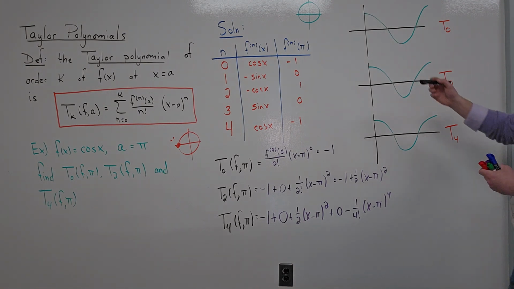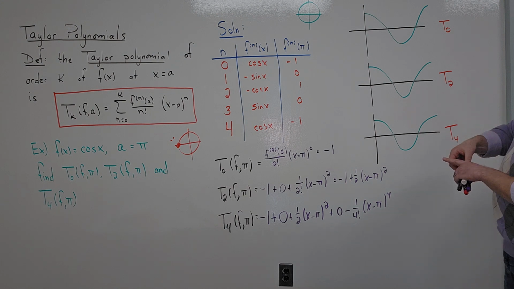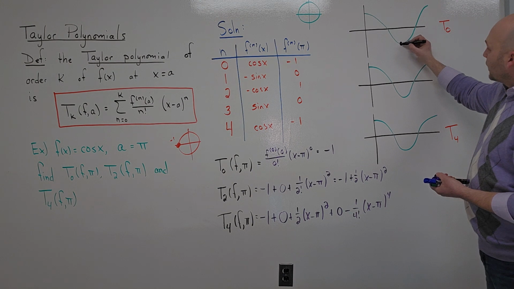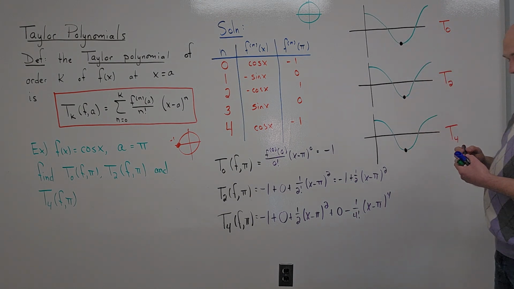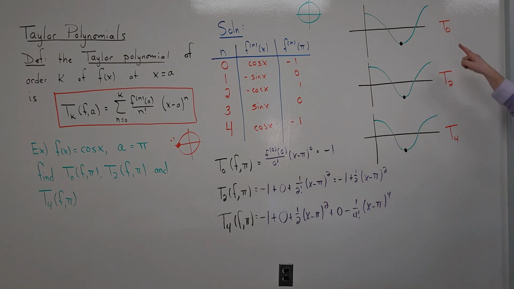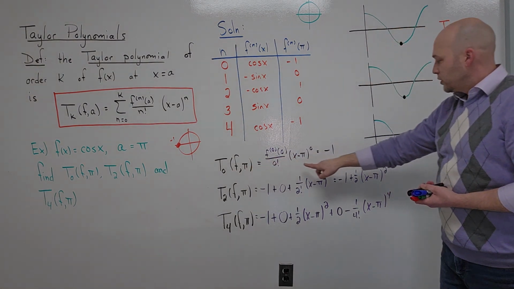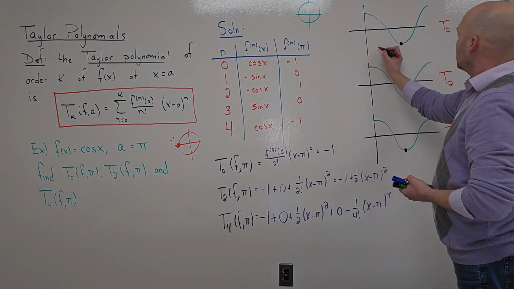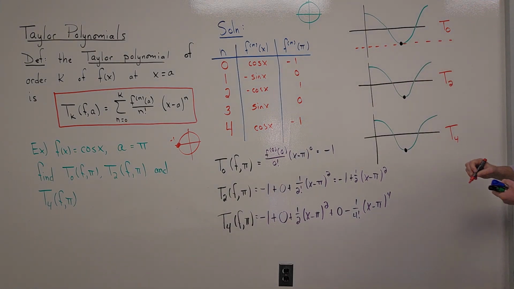If you want to look at what those are representing, I'm looking at the graph of the cosine function when a is equal to pi, which would represent this point on the graph right here. Let's graph these three functions. T0, the Taylor polynomial of order 0, is the graph y equal to negative 1.